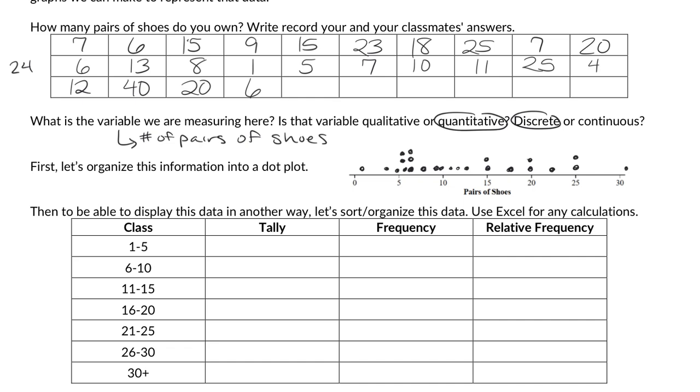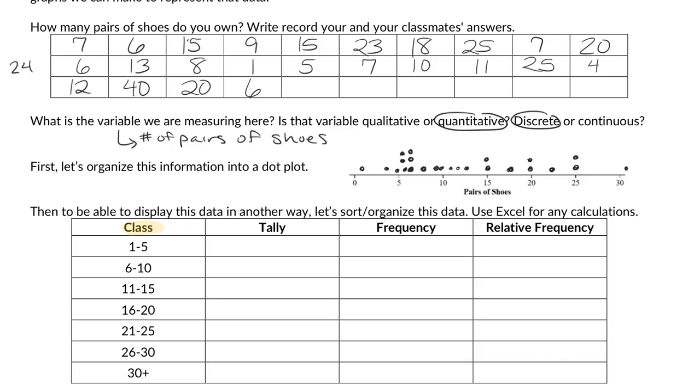So instead, with this quantitative data, we can group things into what are called classes. When we're working with a class, we determine a width of our class, and for us, we're going to do 5. So anybody who responded between 1 and 5 pairs of shoes, we're going to count up and put in one solid group together, into a class together.